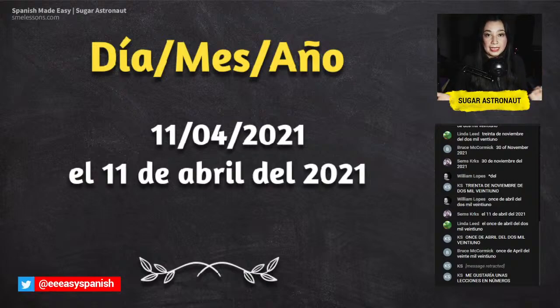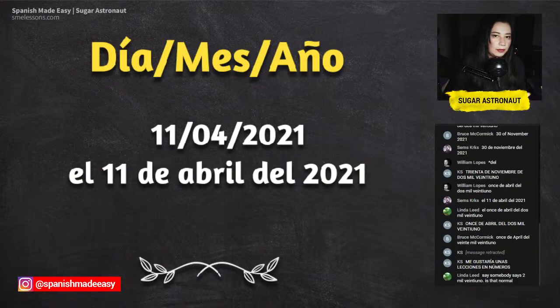And that's what you need to know about dates in Spanish. Día, mes, and año. Of course, you need to know the days of the week, the months, and essentially a lot of numbers in Spanish. But I think we can talk about numbers in a different lesson. But I think you nailed it.